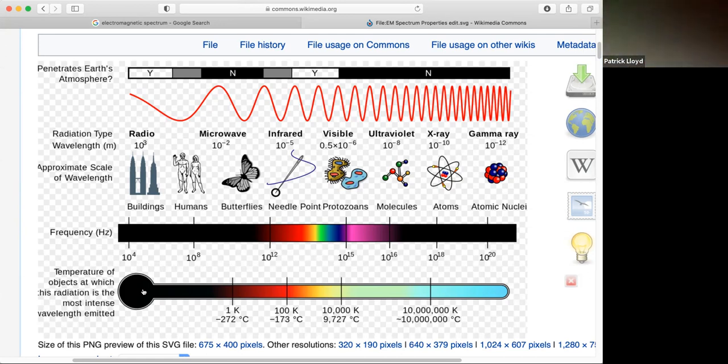And then it turns out that we're not going to really go into this. This is something you would take in a physics course or a more advanced chemistry. It turns out that everything emits electromagnetic radiation, electromagnetic waves. Everything does. And it depends to a large extent on the temperature. The colder something is, the lower the frequency of the waves that are produced. And this is the basis of those night vision goggles.